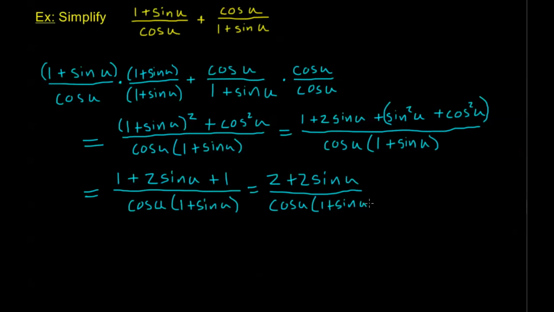So now we've simplified as much as we can. Now we need to try to get a little creative. What can we do to try to simplify this a little more? Well, I see I have a common factor of 2 in both terms of my numerator. So let's go ahead and factor that out. And on the top I'm going to have 2 times 1 plus sine of u all over cosine of u times 1 plus sine of u.